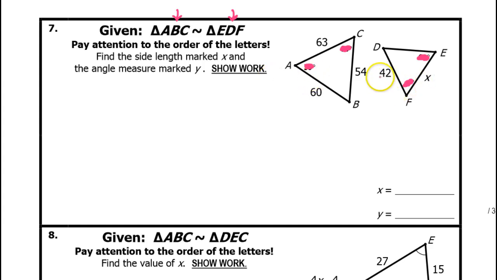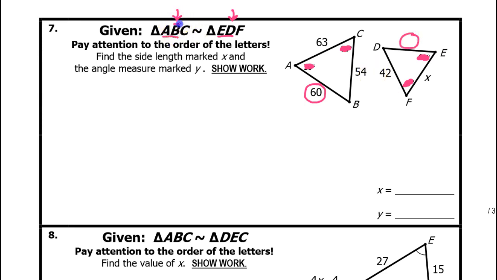Let's match up our corresponding sides. For example, AB corresponds to ED.